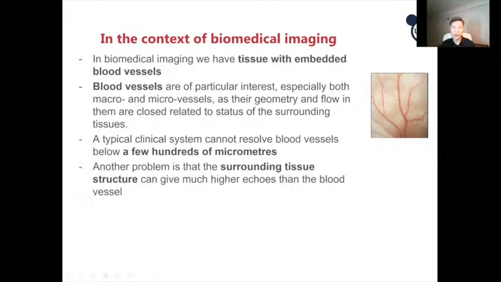Another problem is that the surrounding tissue structure can give a much higher echo in ultrasound than the blood vessel.